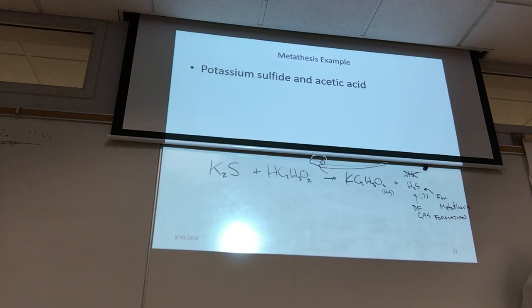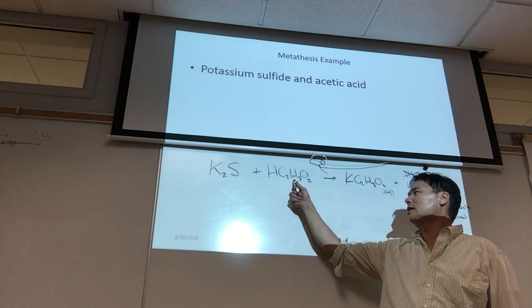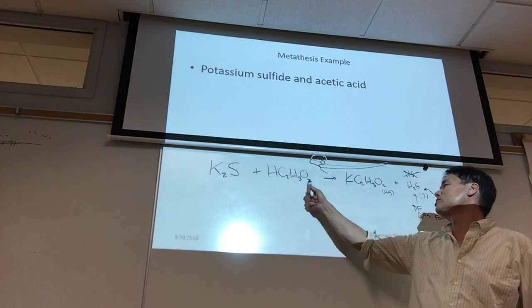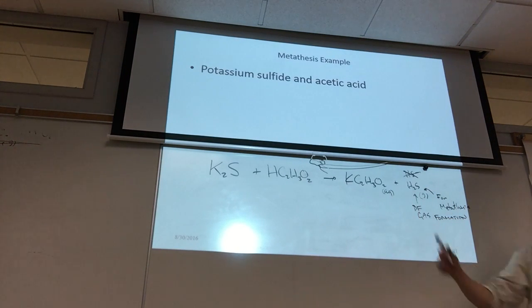Is there any other driving force for this? Let me see. Well, one is acetic acid. Acetic acid is the acid we start with. What's the acid we end with?